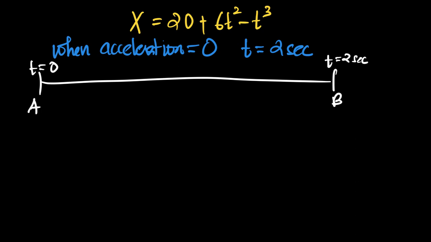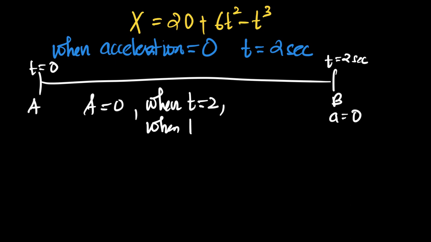We can say that at this point the acceleration was 0, right? So, acceleration is equal to 0 when t is equal to 2, or when the object has covered the distance AB, right?